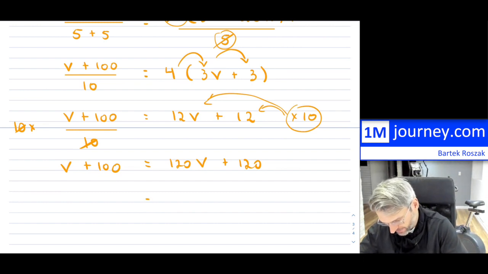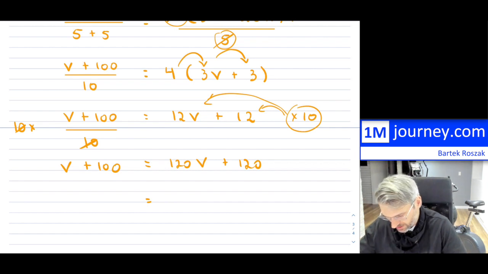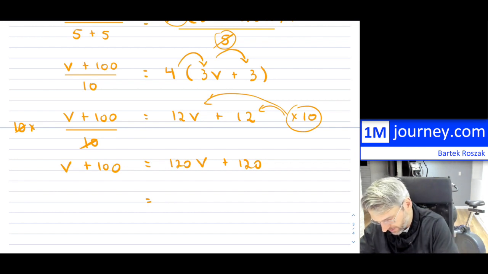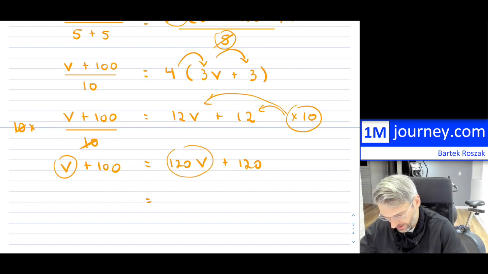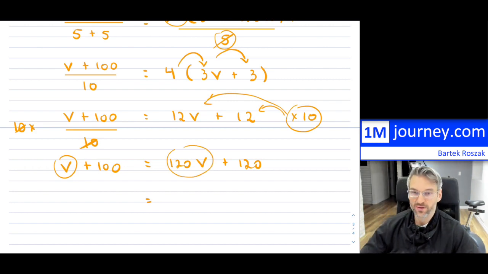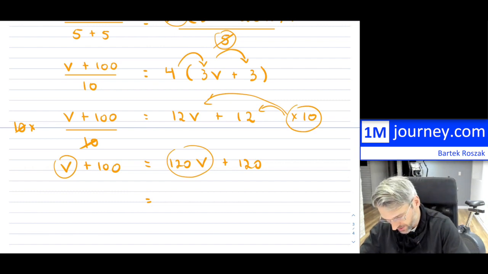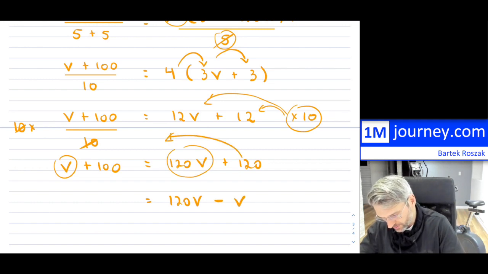So what do we have? Let me shift these things around. It doesn't matter which side you pick. I've got to bring the v's together and the numbers together. The term on the right-hand side is bigger, so I'll keep it here. I'll bring the negative v over to this side, and then swing this over to the other side.